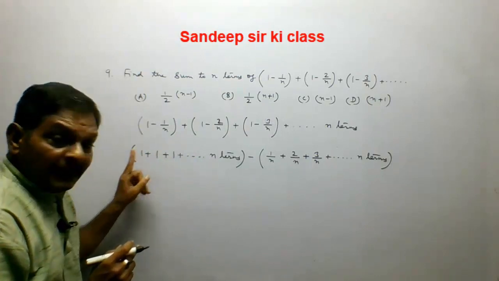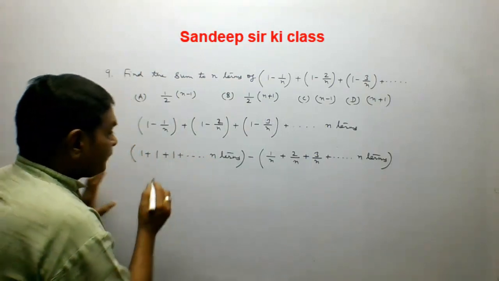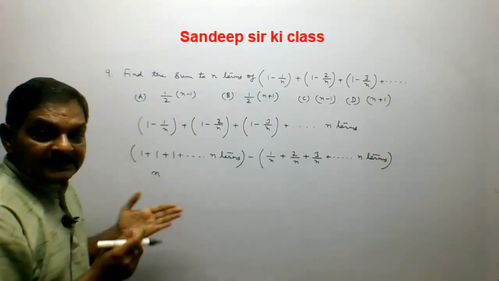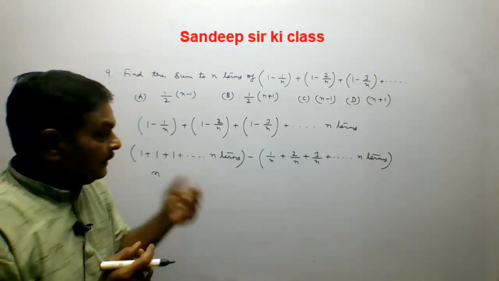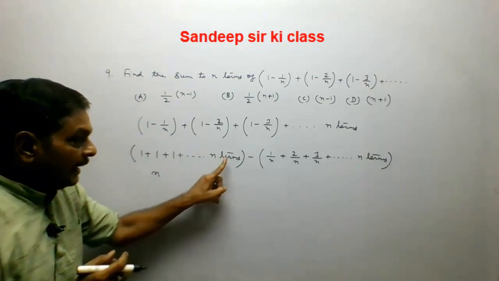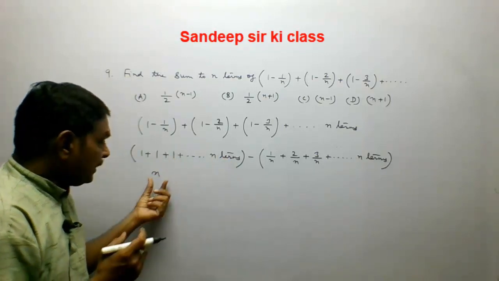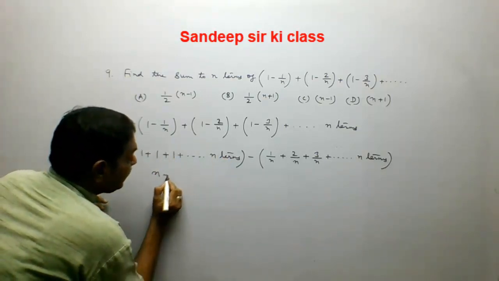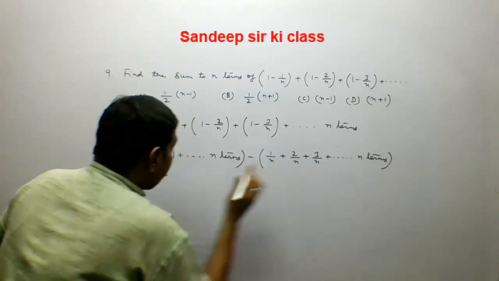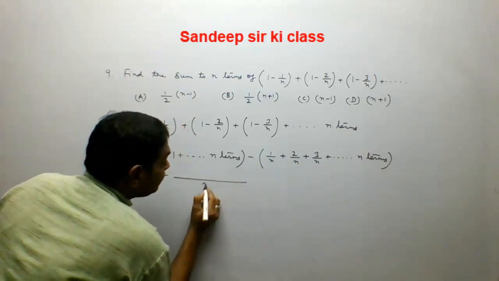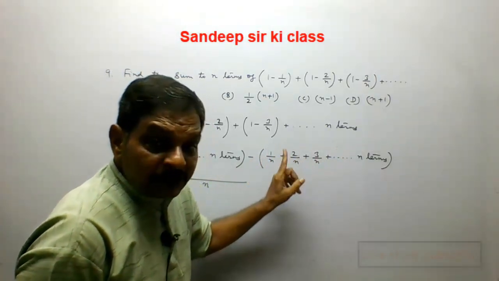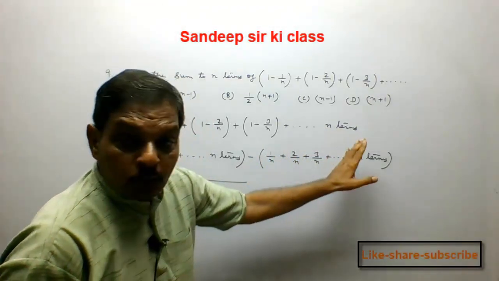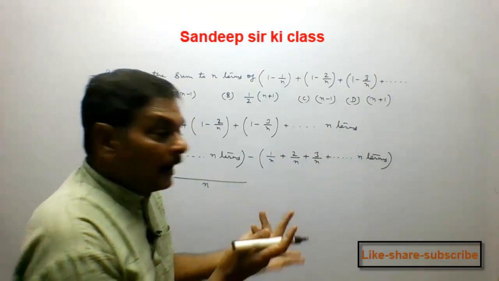Now 1, if it is added to n terms, this becomes n. If 1 is added 2 times, it becomes 2. 1 is added 3 times, it becomes 3. So if 1 is added n terms, up to n terms, it becomes n. Minus, now here 1 upon n can be taken common, and we get the numerator as 1 plus 2 plus 3 and so on to n terms, which is sigma n.